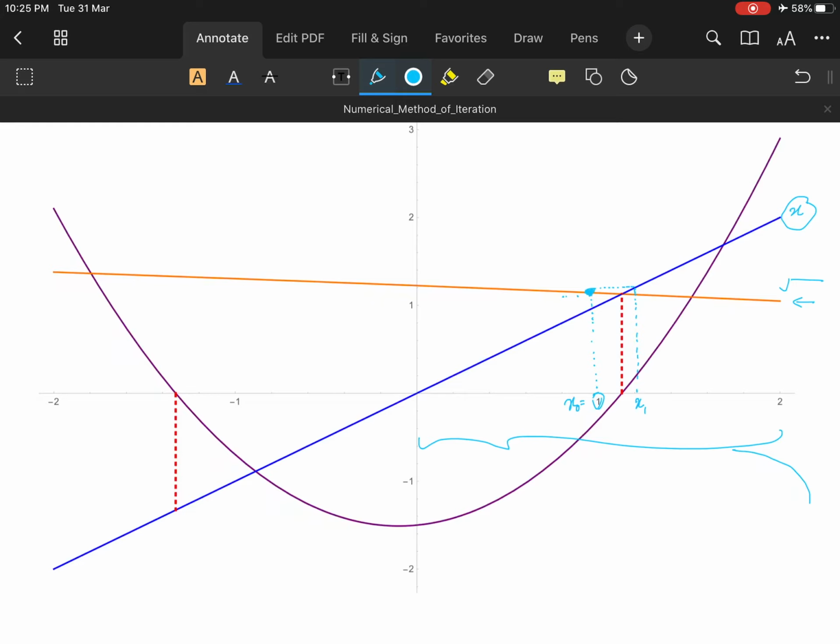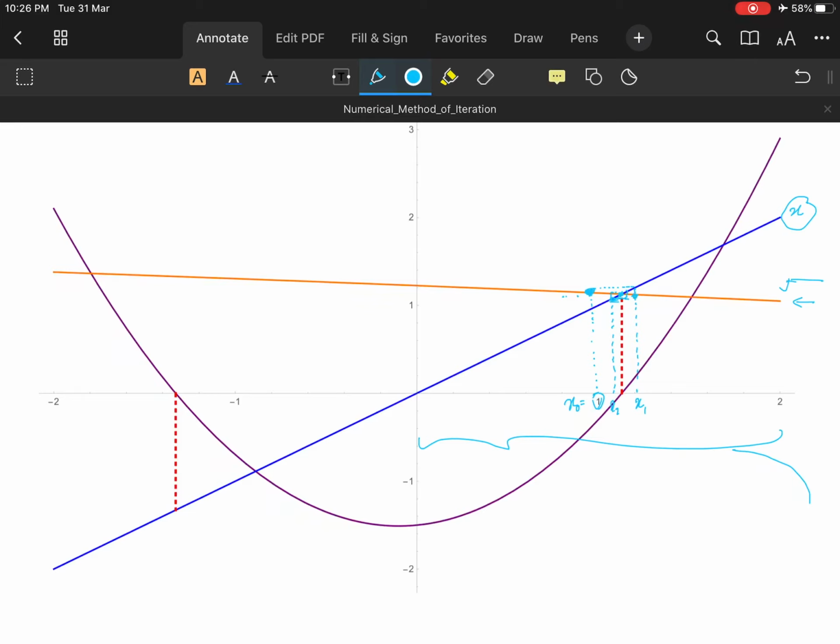From that particular point we go back to the square root function equation, then we move to the side and reach the x line again, and now this is x2. From this x2 we go to the square root function again and go to the right again, then eventually it will go to this point. So this is the illustration.